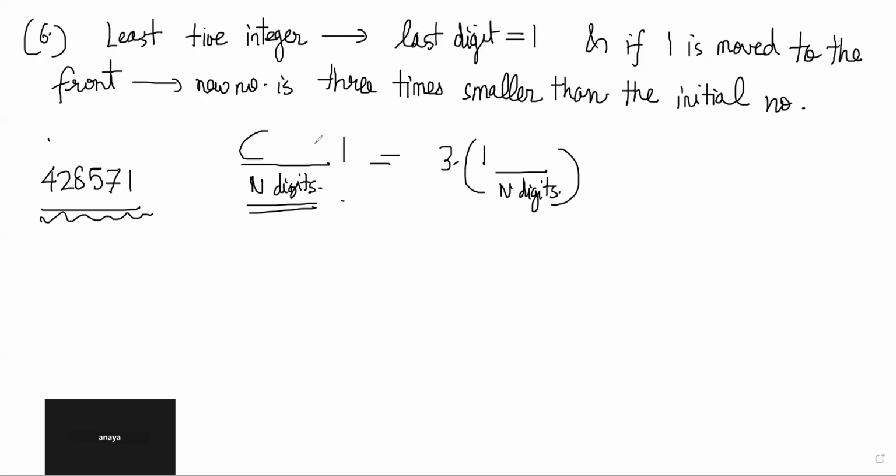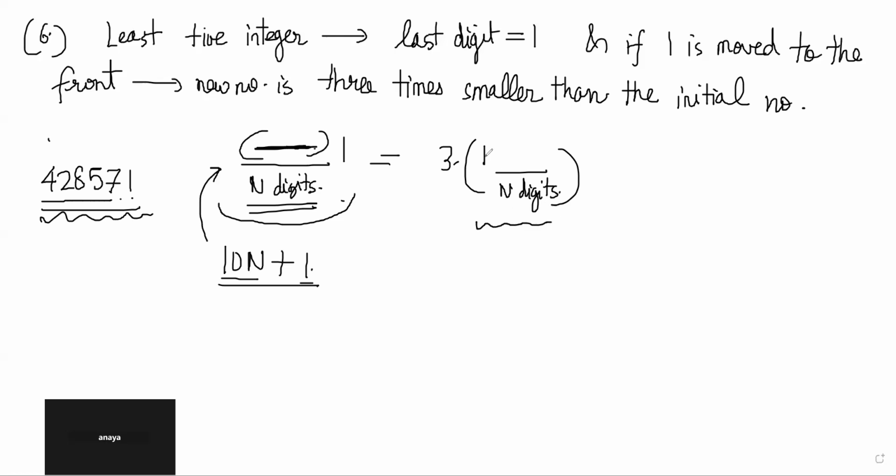If you think of this group of numbers as one number, to make the initial number, you have to say it is 10N plus 1, right? For example, you can say that 42857 into 10 plus 1 is this number. So this is the n-digit number part of it here. 10 times that plus 1 will be the initial number, right? Right.